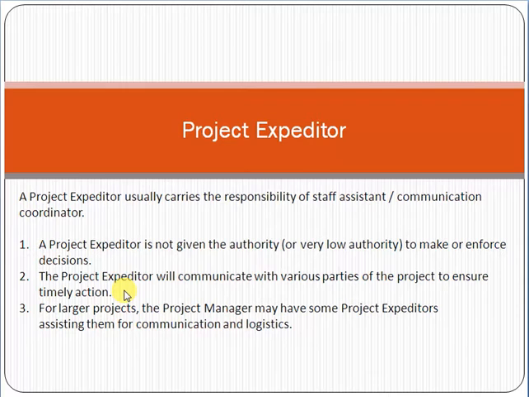So let's start. Project expediter. Basically, this is a topic which we have taken from the book PMBOK, Project Management Body of Knowledge.